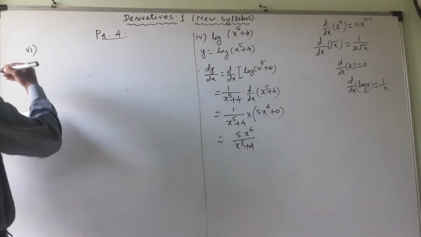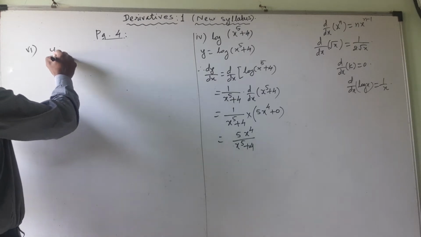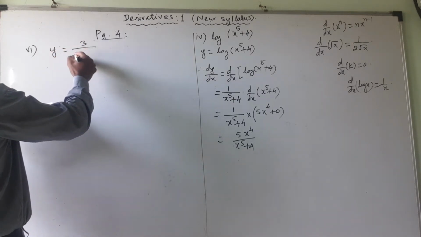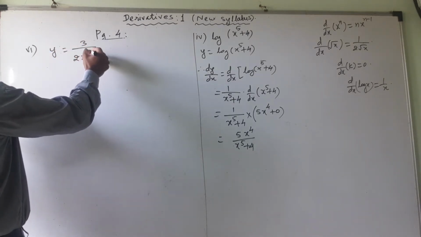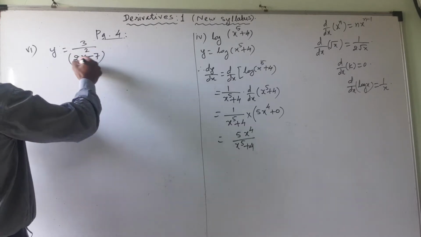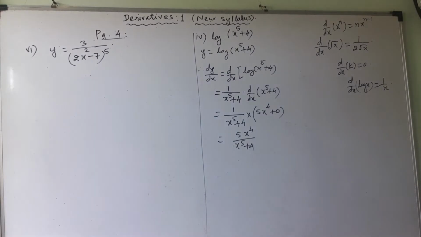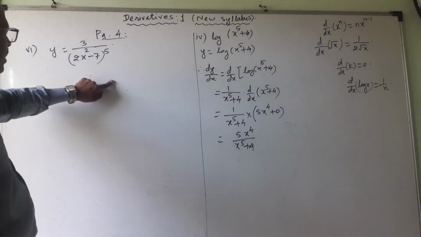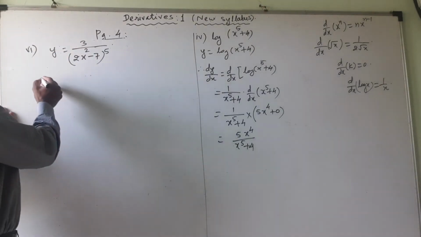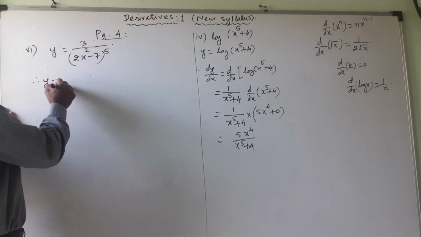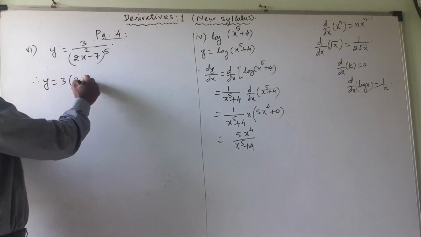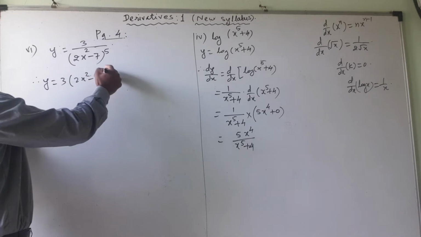On the same page, y is equal to 3 upon 2x raised to 2 minus 7 raised to 5. Now this power, if I take it up, it will be negative. Therefore, y is equal to 3 into 2x raised to 2 minus 7 raised to minus 5.